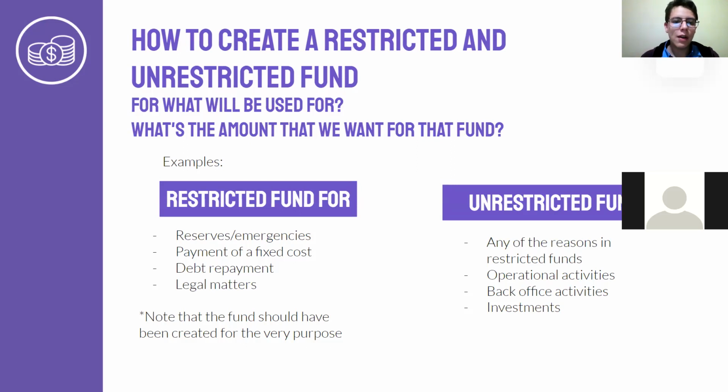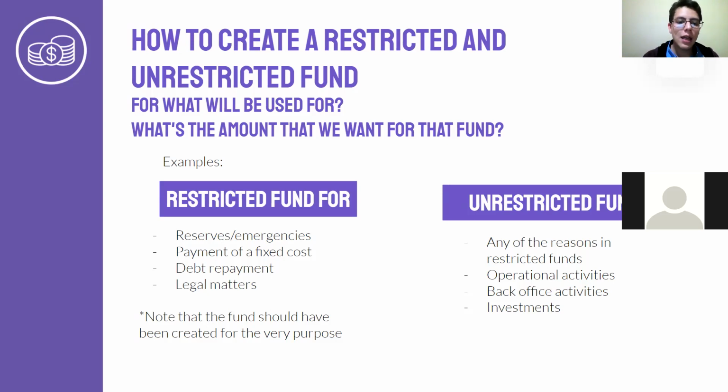Another could be for debt repayment. If you have a debt, you can design a strategy for how you collect this money, then separate this amount and not use it for other activities, because a debt could be a critical risk in your entity.